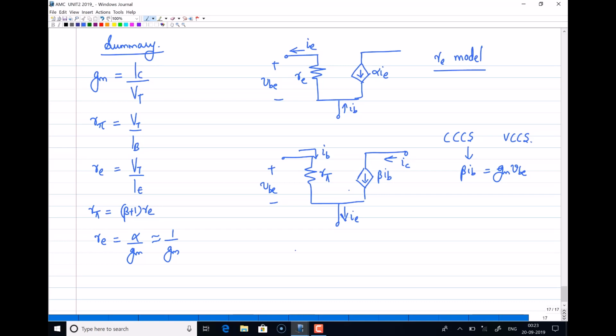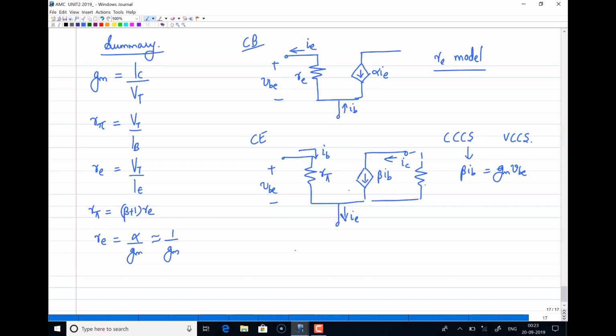Now let's use the concepts we learned to solve certain numericals. Before that, let us see how these equivalent circuits can be used to analyze an amplifier circuit. This is your common base, and this is your common emitter, where we also connect a resistance R0.